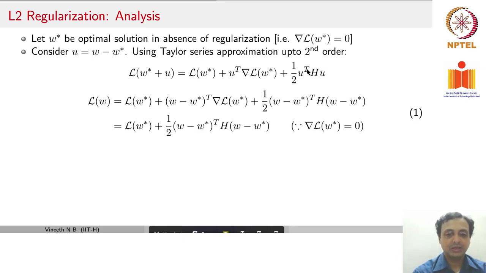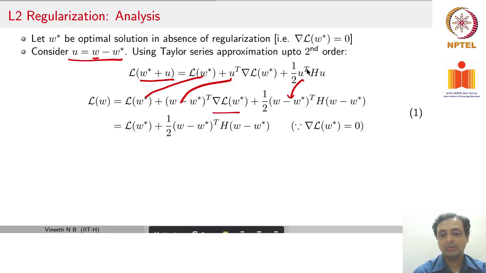So which means W star plus U is actually W. So I can say L of W is equal to L of W star, written as it is. U transpose is written as W minus W star transpose because of the definition of U. Then you have grad of L at W star, plus you also replace this U with W minus W star and this U with W minus W star.